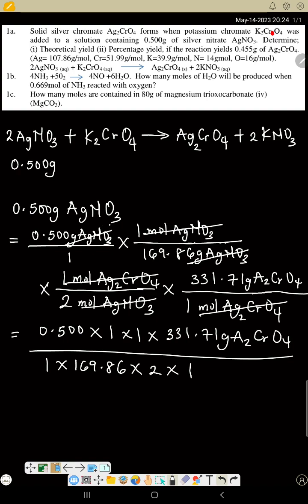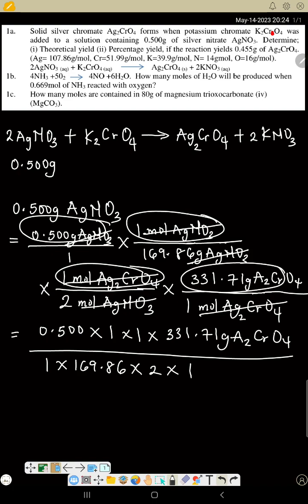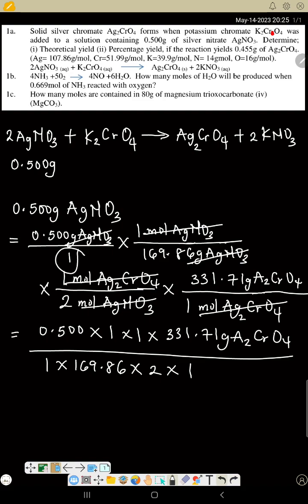So you multiply all the numerators, ignoring the ones we have cancelled out, divided by 1 times this times this times 1. So numerator divided by denominator. So this will be equals to 0.500 times 1 times 1 times 331.71.